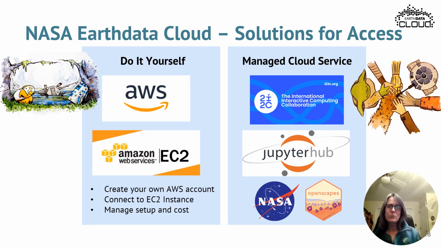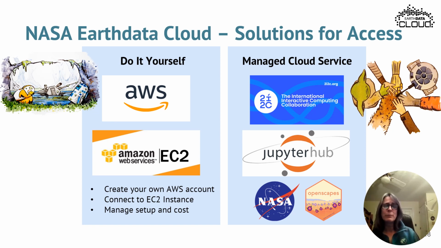A company called 2i2c provides a JupyterHub environment, in that the images are already provided, and the back end setup is already done for you when you fire up a Python instance, for example. This is the way OpenScapes and the NASA mentors work, and often provide workshops and trainings within this managed cloud service.